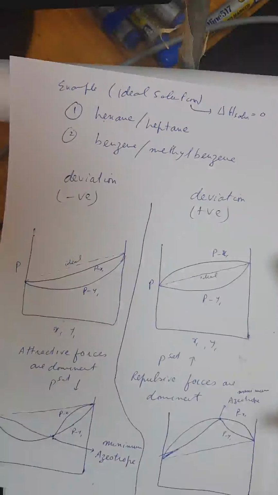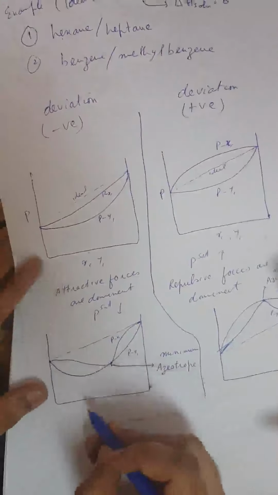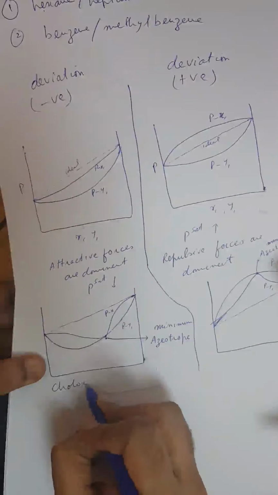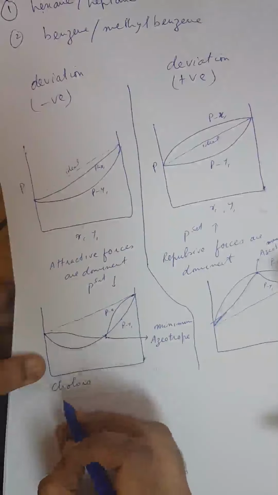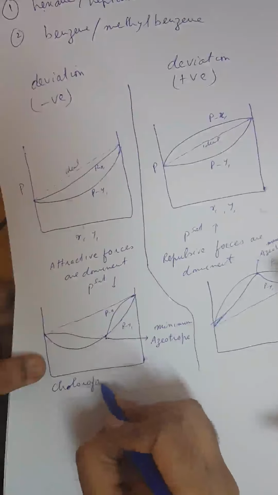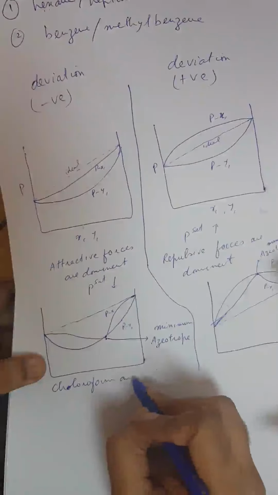Let me see if we have an example of negative deviation. The common example is chloroform and acetone.